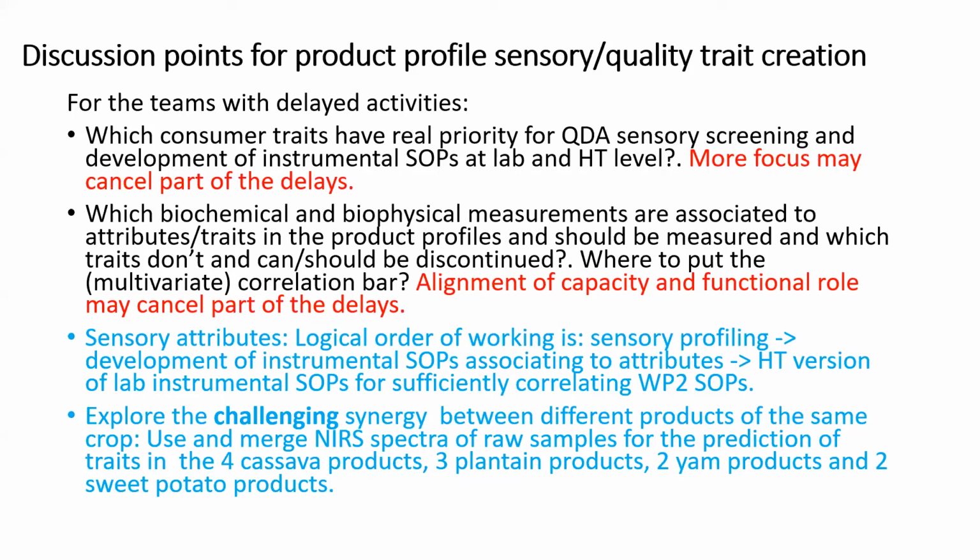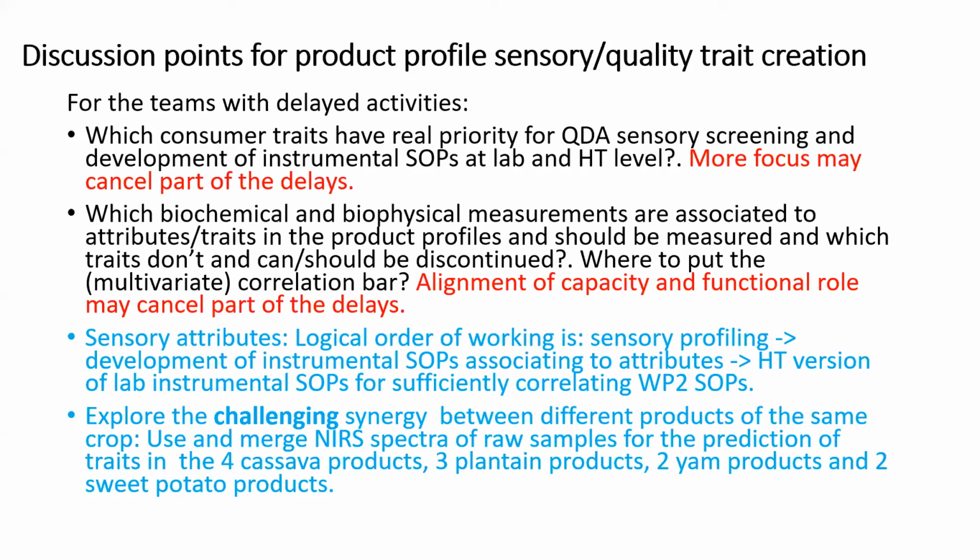Sometimes you see a lot of effort in protocols and SOPs that are not yet associated to the attributes. Then you run the risk that when your SOP is ready, it still does not correlate to the attributes and is not really useful for that purpose. This is just a reminder that working in the right order will probably save you from a lot of disappointment at the end.